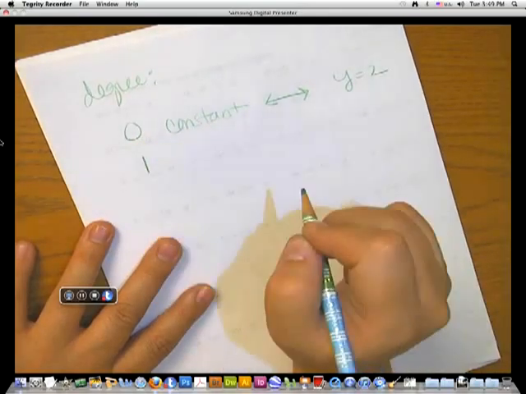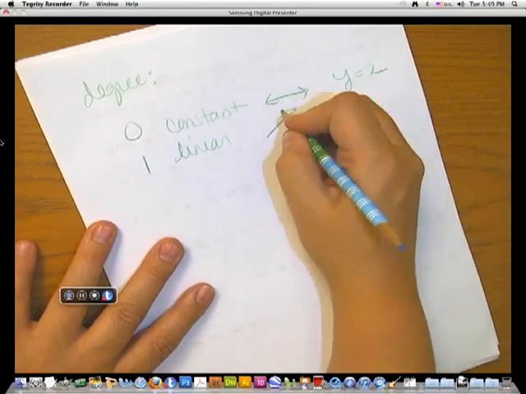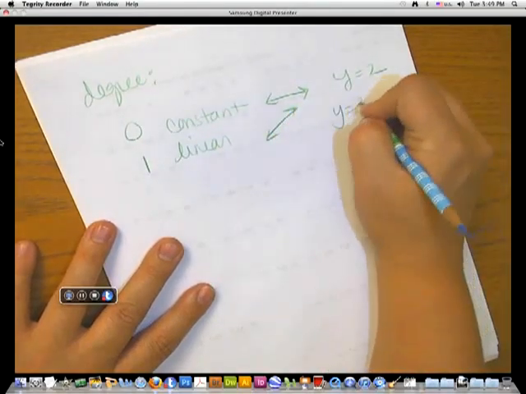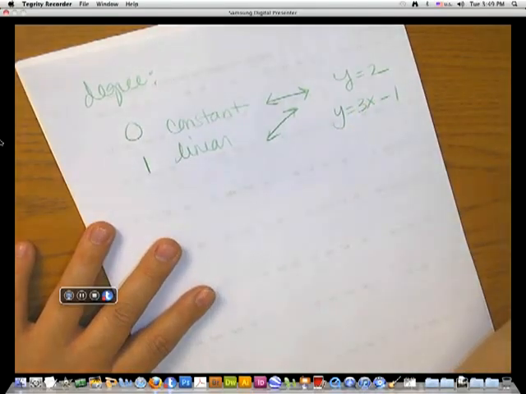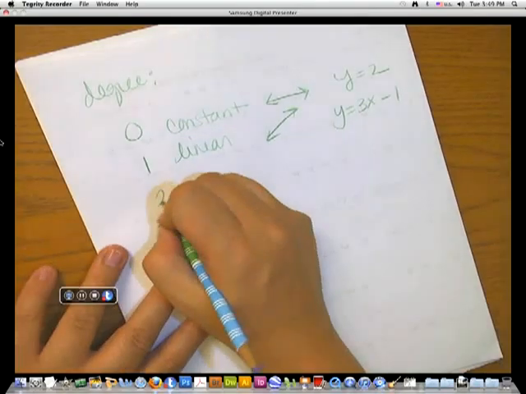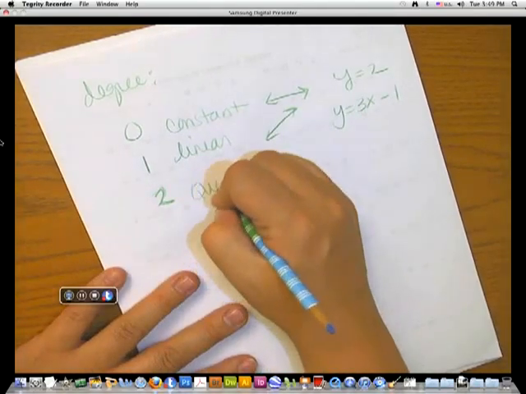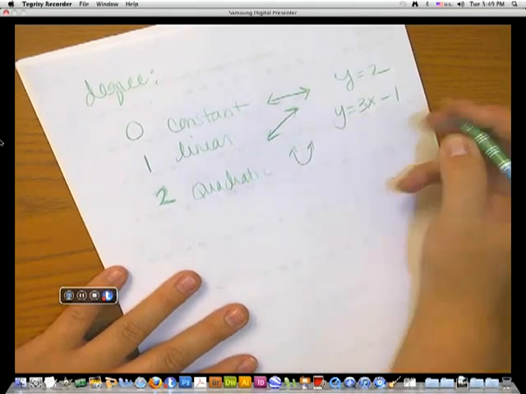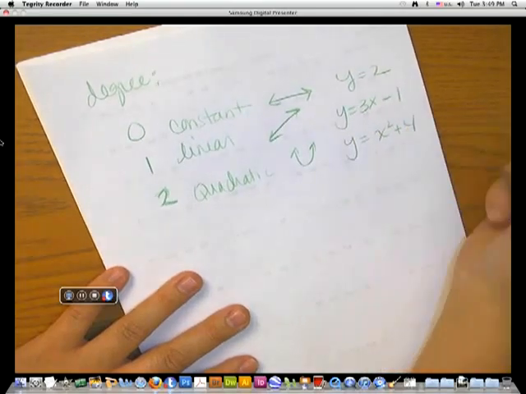If I have a degree of 1, we would call that linear. Again, it makes a line. An example might be 3x minus 1. If the highest degree is a 2, we call that a quadratic. It looks like a parabola, and it might be y equals x squared plus 4.